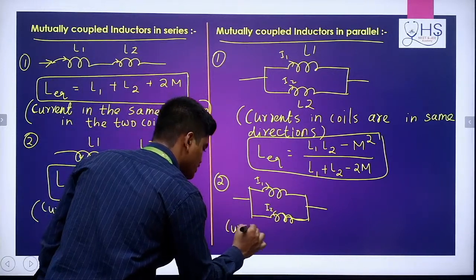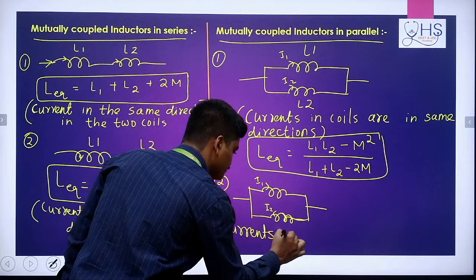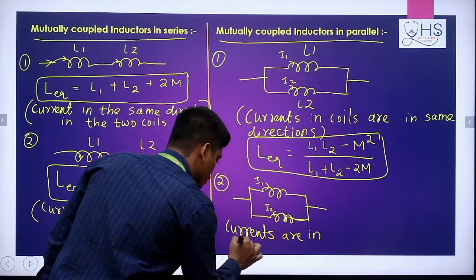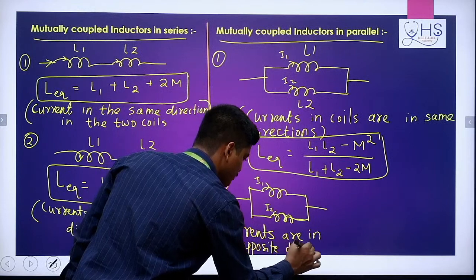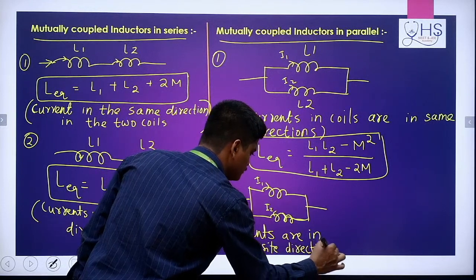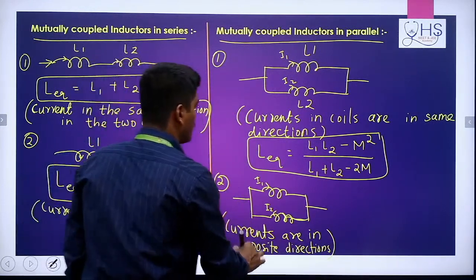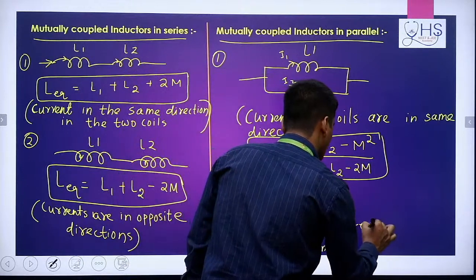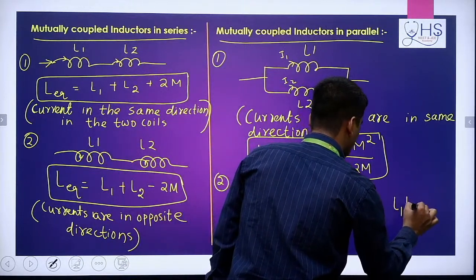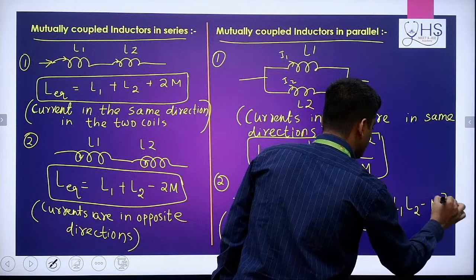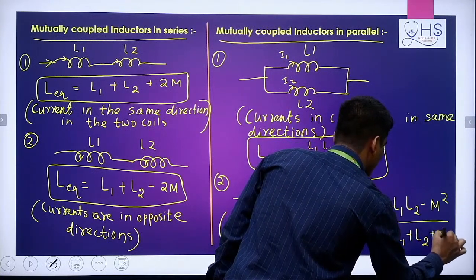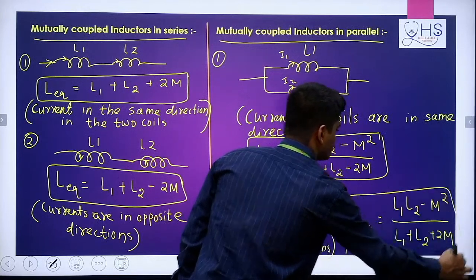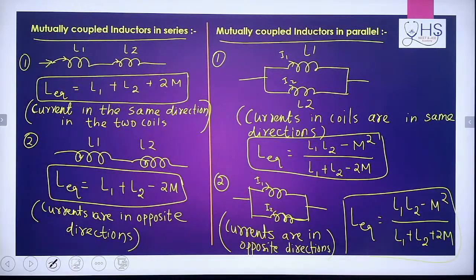Currents are in the opposite direction, or the magnetic fields of both are opposing each other. Then L equivalent is L1 into L2 minus M square, divided by L1 plus L2 plus 2M. So this one idea you have to remember.